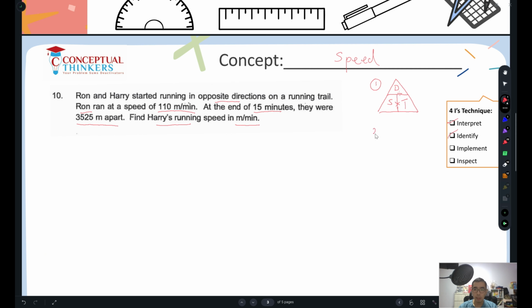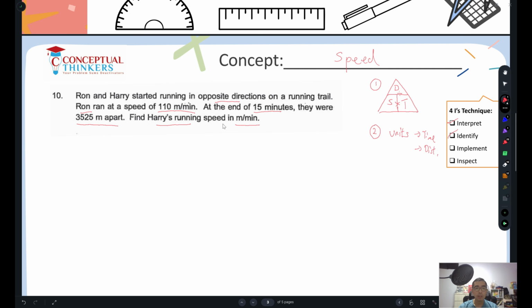The second thing to take note of is the units. In this case, we have speed in meters per minute, and our time is 15 minutes, so there's no issue with the units. But in some questions, let me write down the things to take note of: units, especially the time and distance.